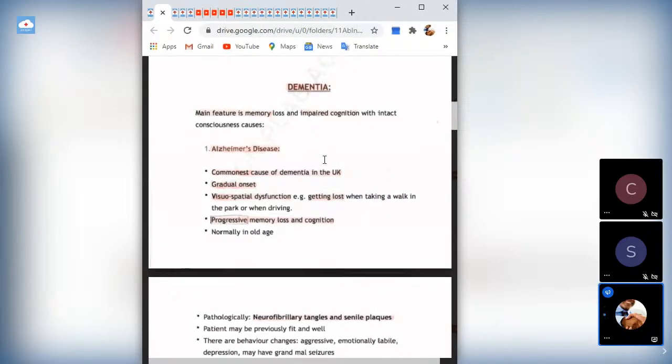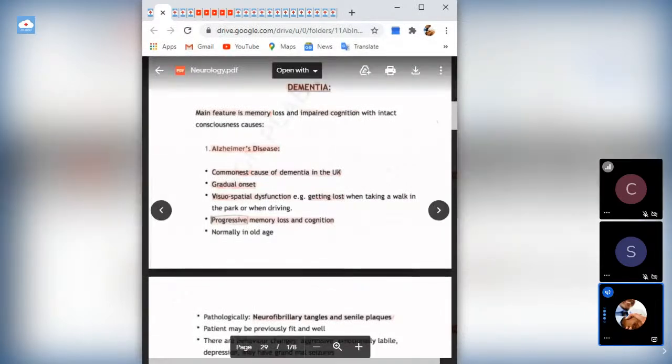The ability to recognize a face and know that you have seen this face before is a cognitive ability. Memory, like we mentioned, short-term and long-term memory. So we want to take a look at other cognitive abilities.